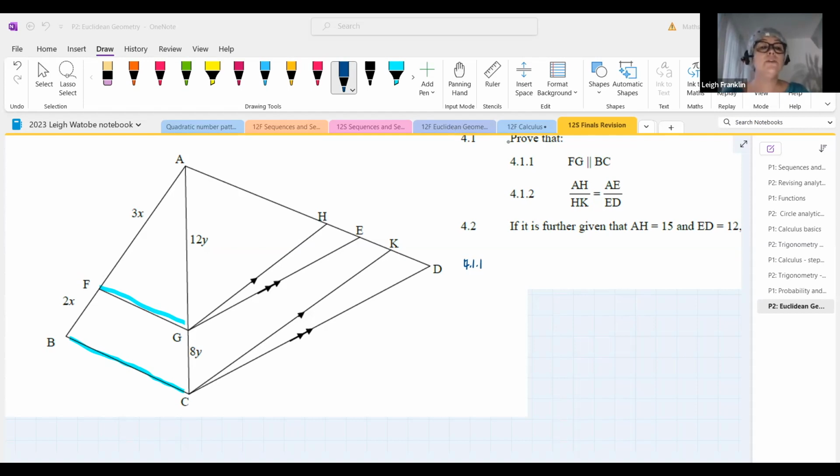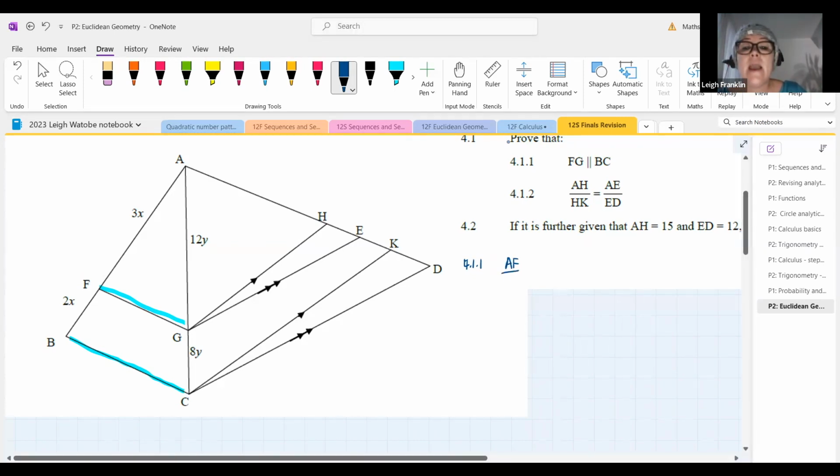Now, we've also got to be careful about the way in which we set this out because we're proving that the lines are parallel. So what we would do here is we would say AF over FB is equal to 3x over 2x, which would be equal to 3 over 2.